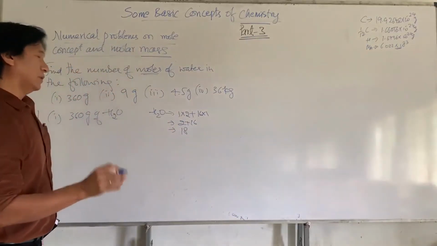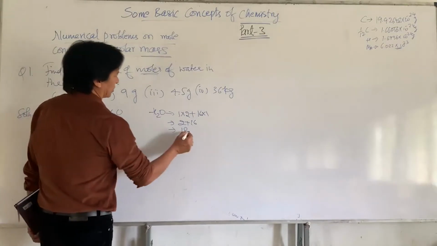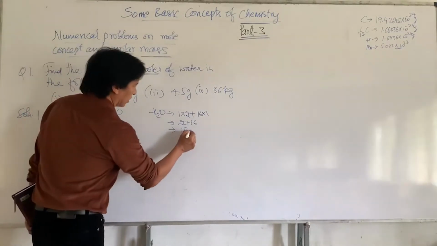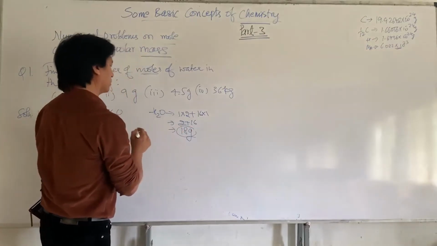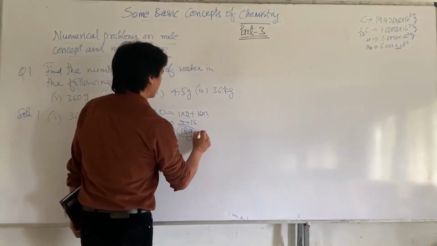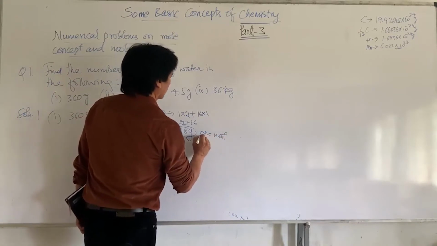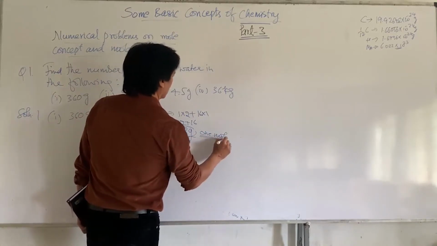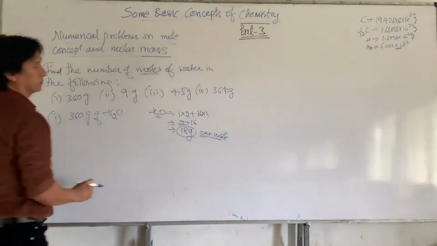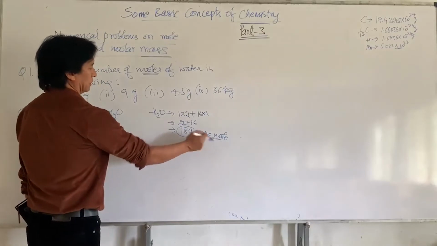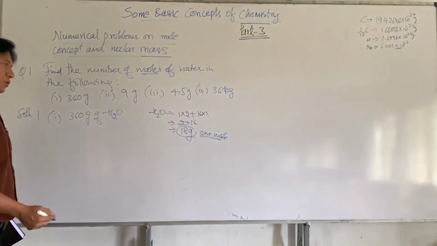Since we want the molar mass, that is the mass of 1 mole of water, you take it as 18 grams. So 18 grams of water is equal to 1 mole. 18 grams is the molar mass of H2O.